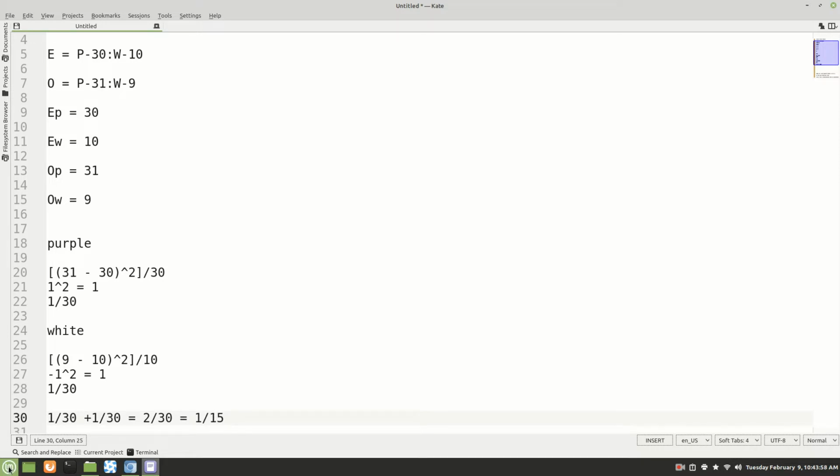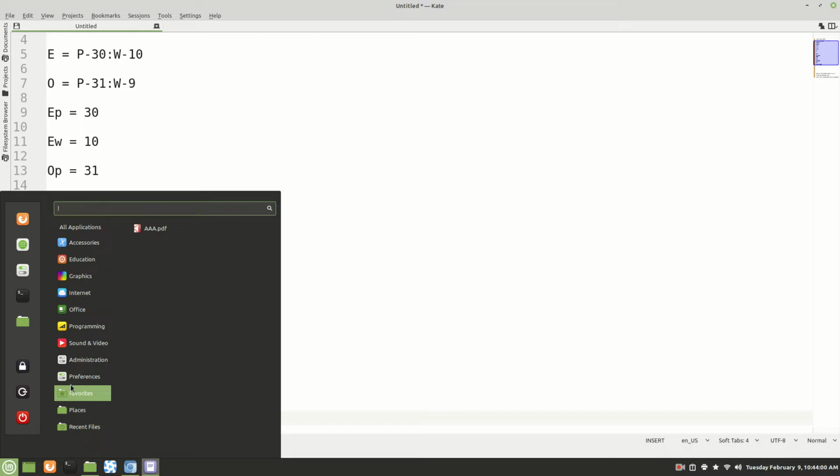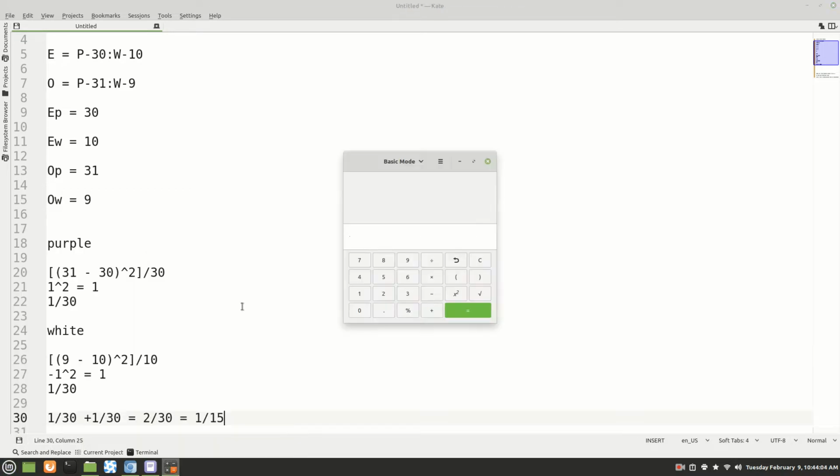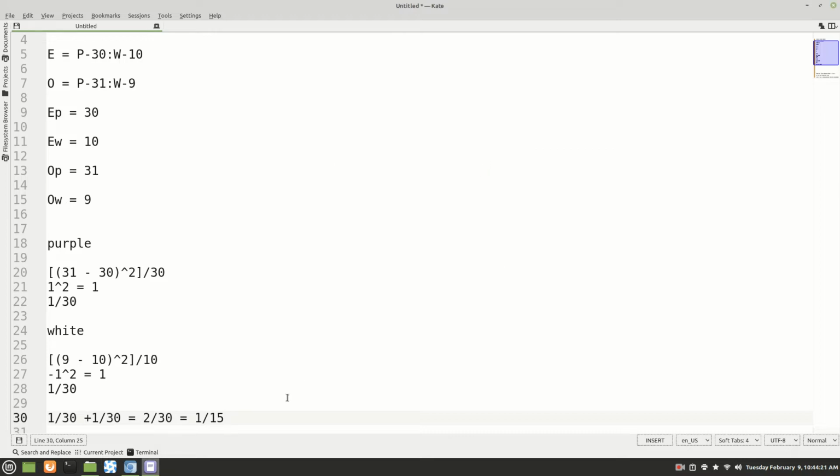So let's do our calculator here. Where's my calculator? Here we go. 1 divided by 15 is equal to 0.0667 repeating.